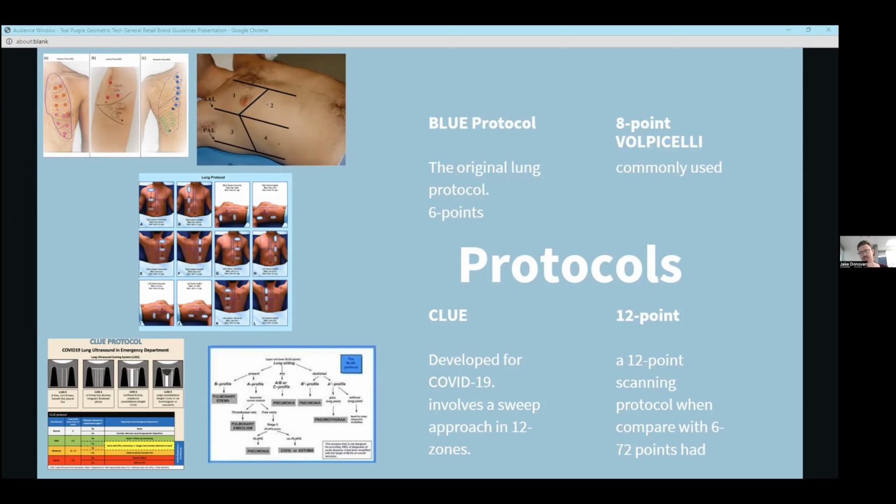But it's interesting to consider that 12 points was the sort of cutoff where they went, this has a very high degree of accuracy compared to CT scanning. And in terms of what those points were, if you look at the Volpicelli diagram up on the top of the screen, the only difference was it's including a posterior part of the chest. So 2 posterior scanning points. That was the only difference.